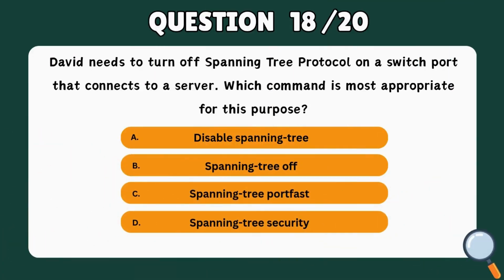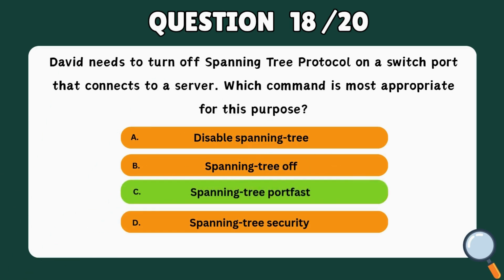Question 18. David needs to turn off spanning tree protocol on a switch port that connects to a server. Which command is most appropriate for this purpose? A. Disable spanning tree. B. Spanning tree off. C. Spanning tree portfast. D. Spanning tree security.